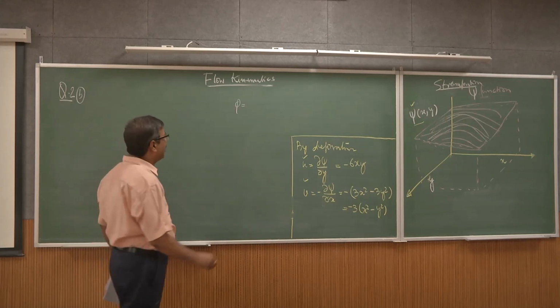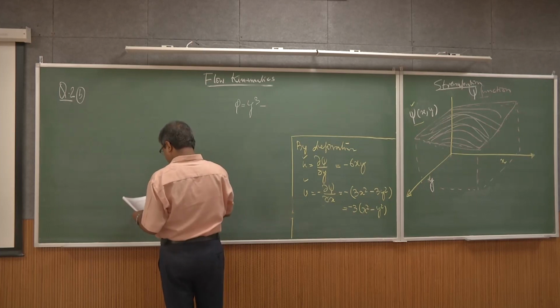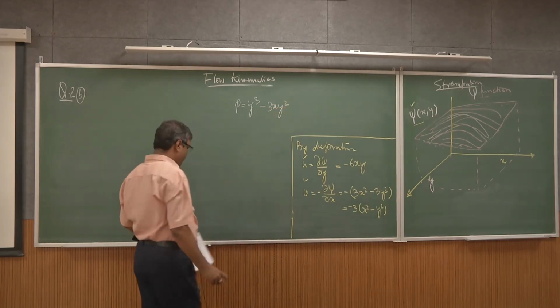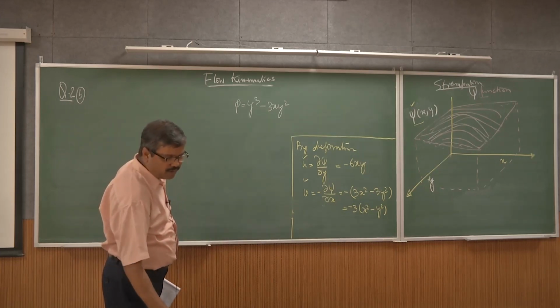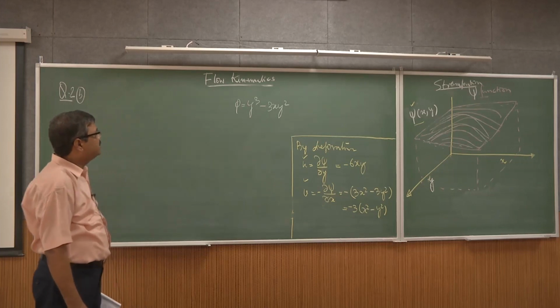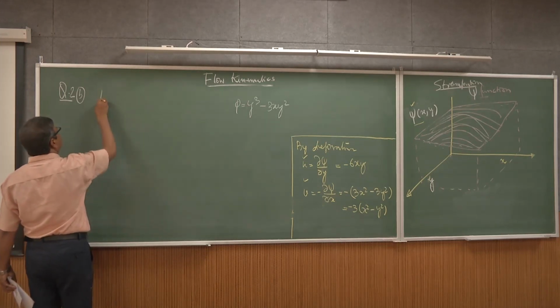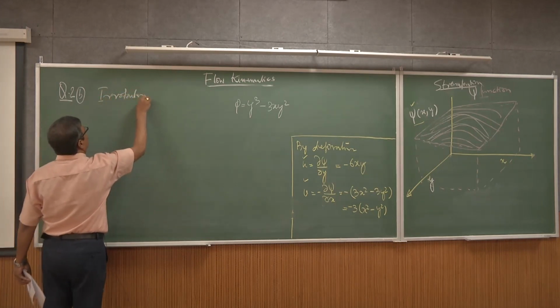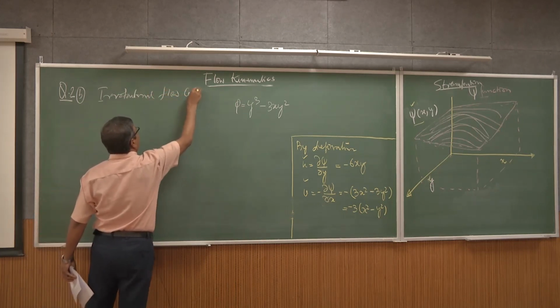In this case, we have x cubed minus 3xy squared, to find out whether this also indicates that the flow is irrotational. That means the condition is the irrotational flow condition.